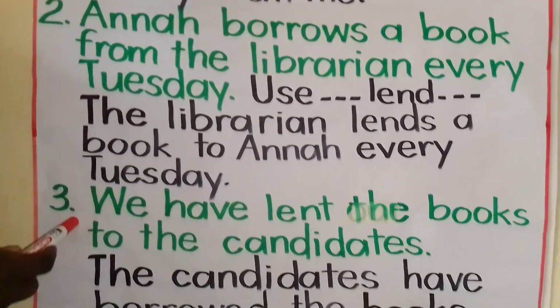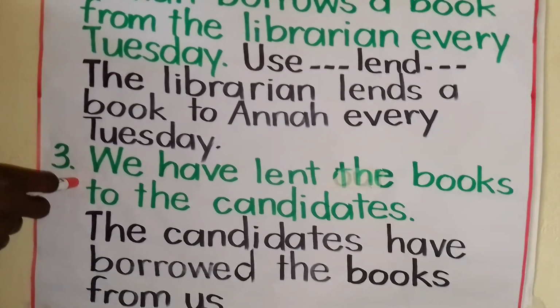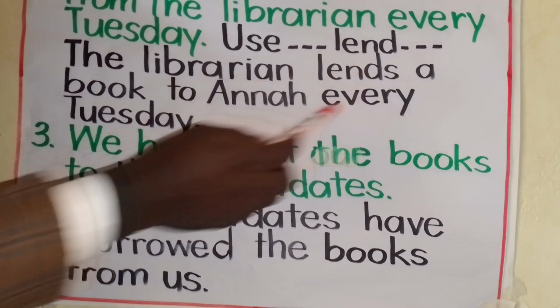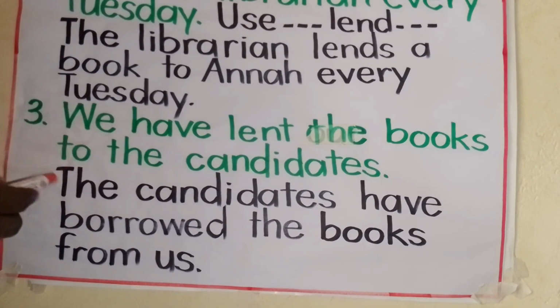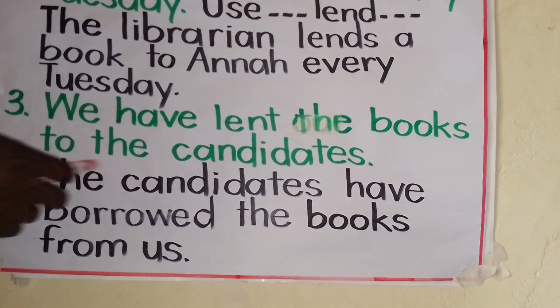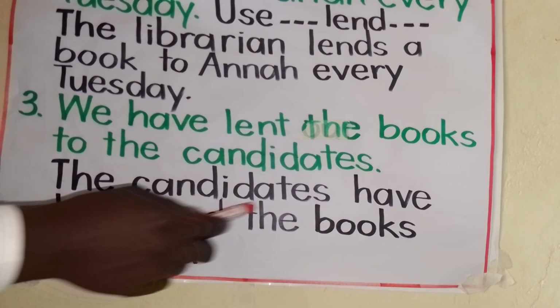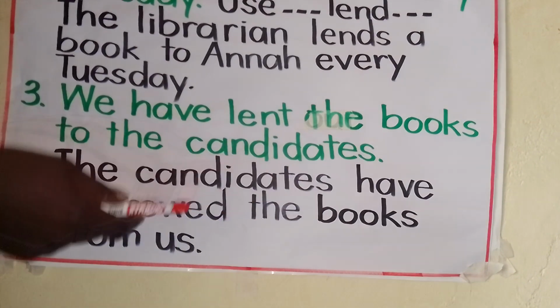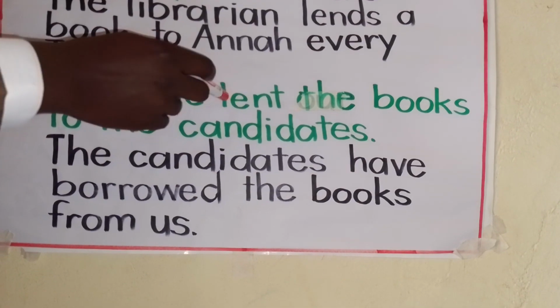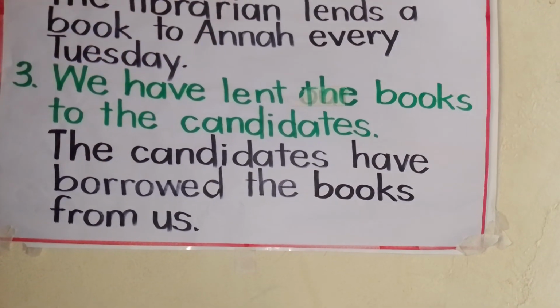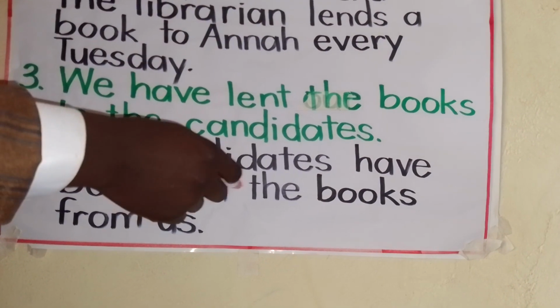Our last sentence that we are looking at today, we have lent the books to the candidates. We say that candidates have borrowed the books from us. How do we reach this particular sentence? Lent will be replaced by borrowed, because it's what we have to use.